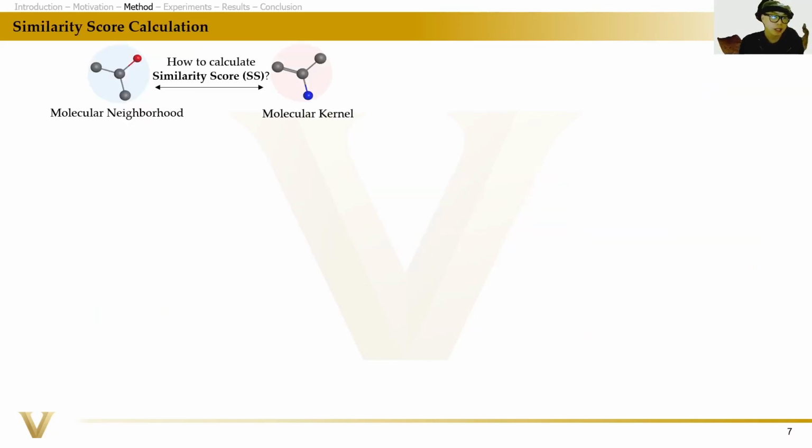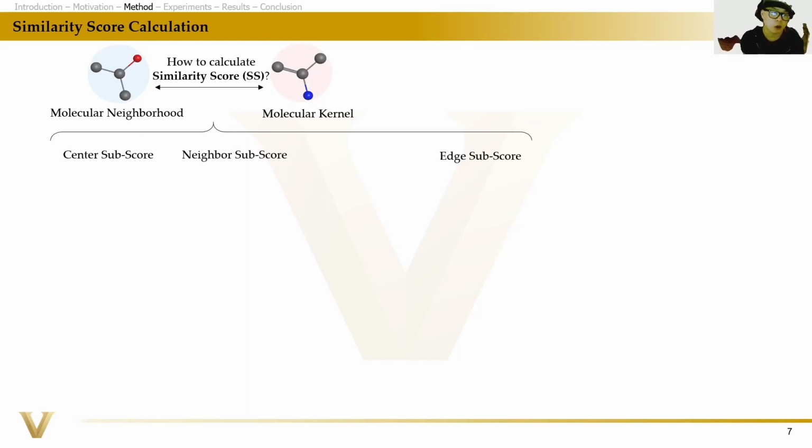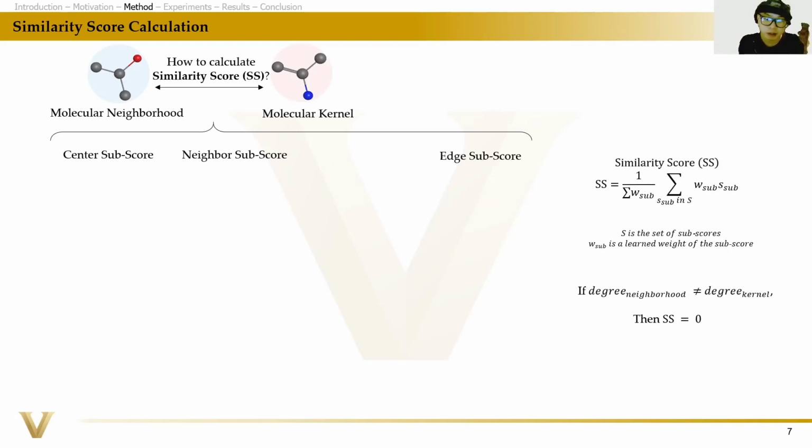So how do we actually calculate this similarity score? This similarity score is made from 3 subscores, and the final similarity score is the weighted average of these subscores. And also, we note that if the degree in the neighborhood does not agree with the degree in the kernel, then this similarity score will be set to 0.